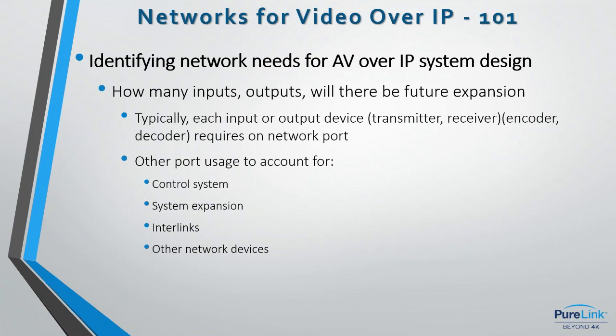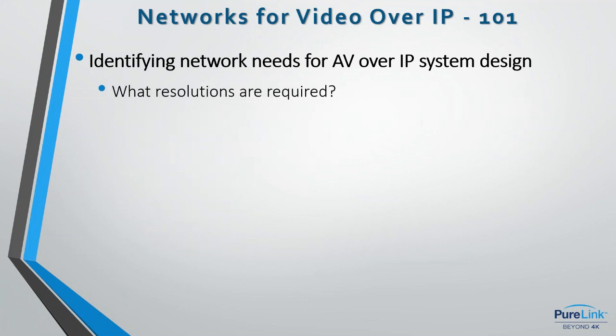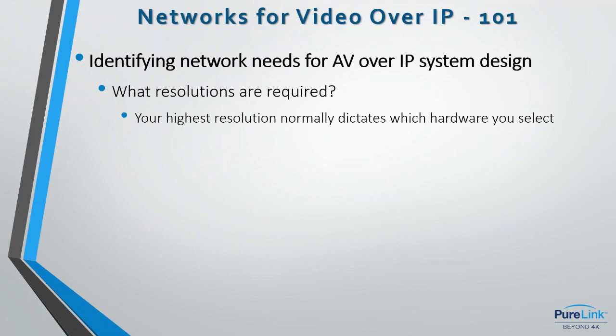There's a slide specifically on that. And what about other network devices? So you might have, who knows, Dante gear on there. You might have some other devices on there. So you have to account for ports for that. And you also have to account for some network switch setup that is not really that painful, but I'll talk about in a slide coming up.